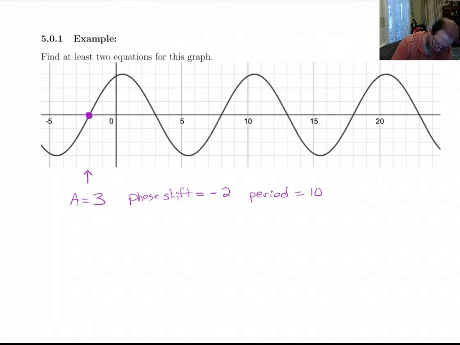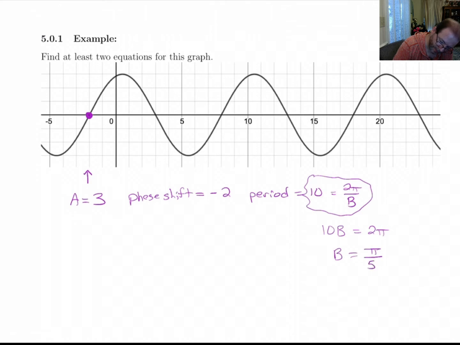So let's work out what B and C are. Now B is, we know that the period is 2 pi over B. So if we take this as an equation and solve it, you get 10B equals 2 pi. So B is 2 pi over 10 or pi over 5. And then the phase shift is -2.